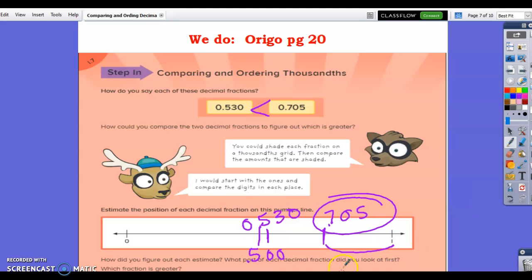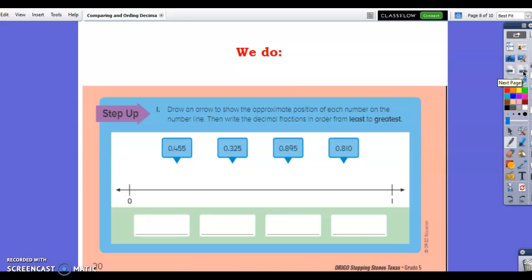If you are looking at the decimals, the very first place value you're going to check is your tenths. And then you move from left to right like you normally would. Okay, so here is what I want you to practice now. With the same numbers, it says to draw arrows approximately on the number line in order.